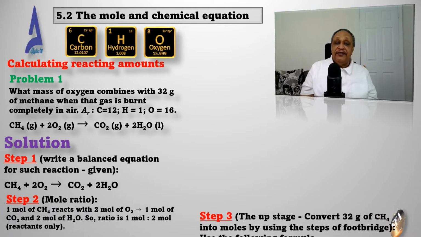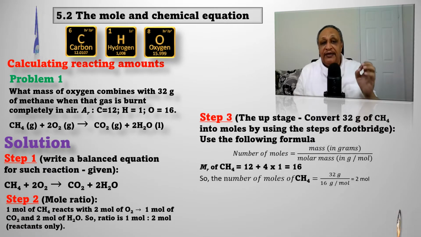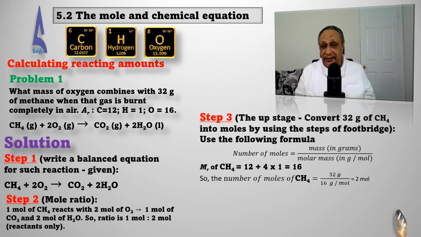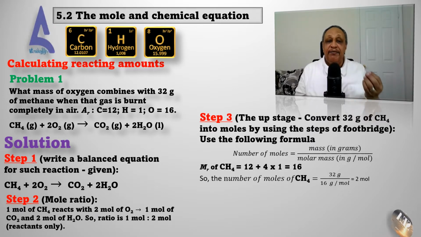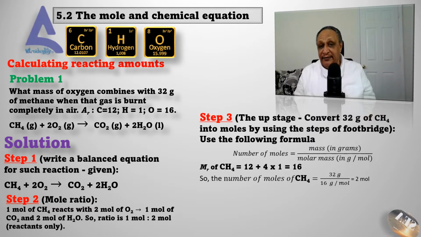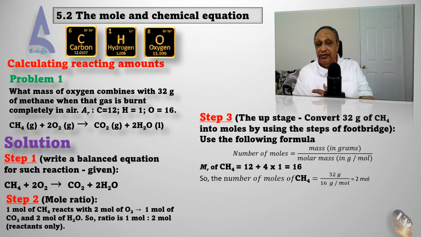Now, our first problem says: what mass of oxygen, so the demand here is oxygen mass, combines with 32 grams of methane when that gas is burnt completely in air. That means we have an abundant amount of oxygen.